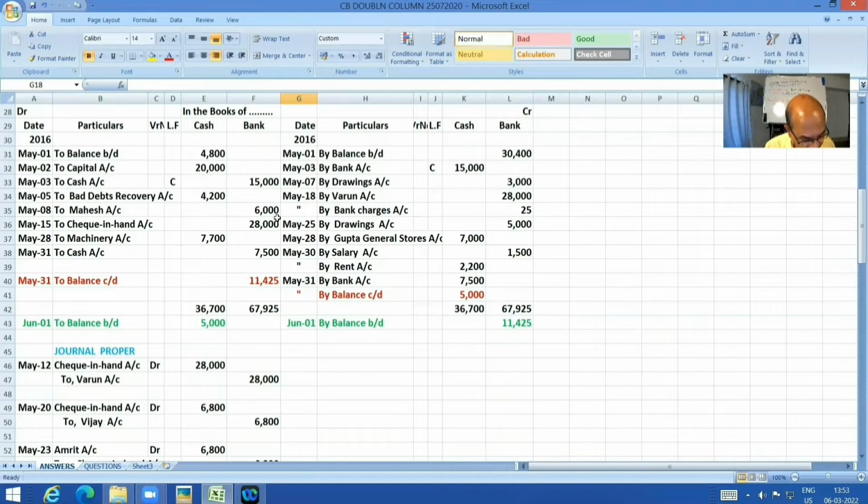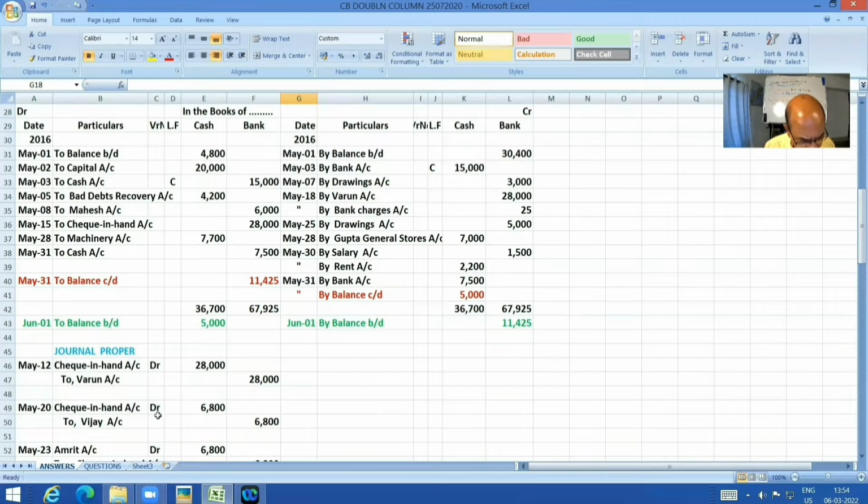Okay. Next. Received a check for rupees 28,000 from Varun in full settlement. Okay. How much is the physical amount of the check? 28,000. So bank to check in hand I have shown. Why? Because I always read the sum fully. I find the check has been deposited on the following day only, I mean on 15th.